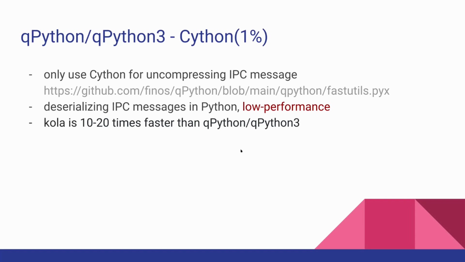QPython only uses a really small amount of Python code base, and that's only for uncompressing IPC messages. The deserialization is actually in Python, and this part is pretty low performance. Because of this, Kola is 10 to 20 times faster than QPython.